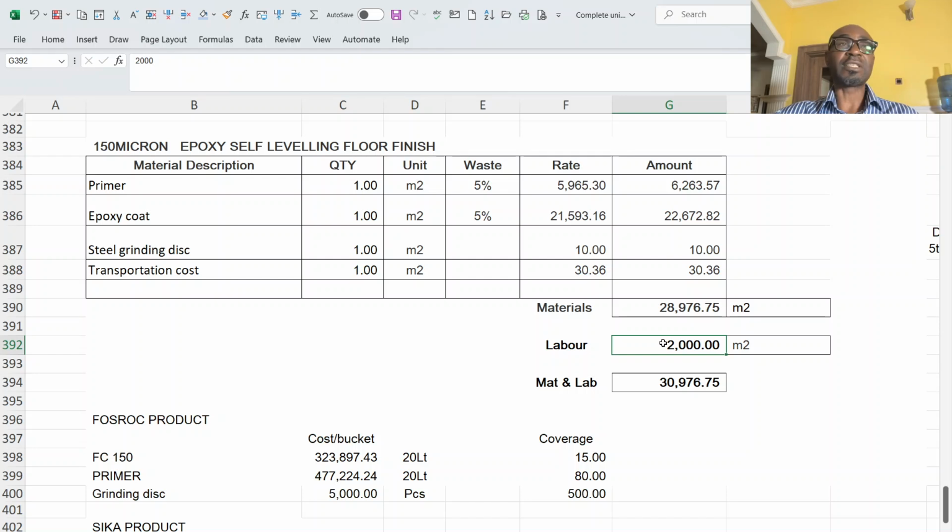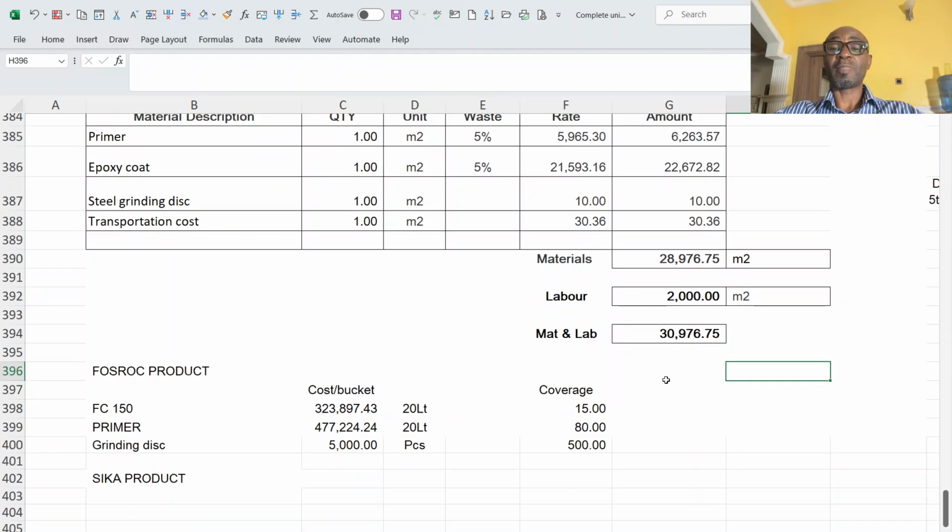Those things cost money. So that is why usually their prices are as high as 1,000, 2,000, or 2,500, depending on the location you find yourself. So if you sum up the labor and the material, you're going to get 30,000 per square meter.